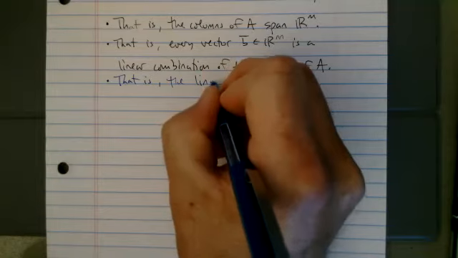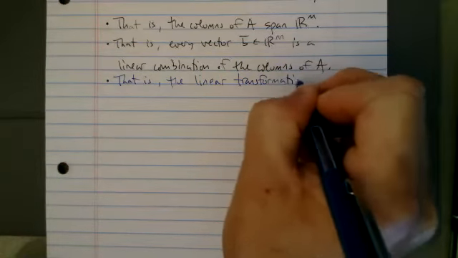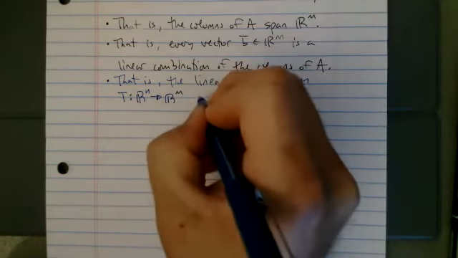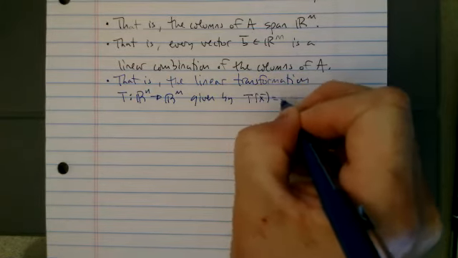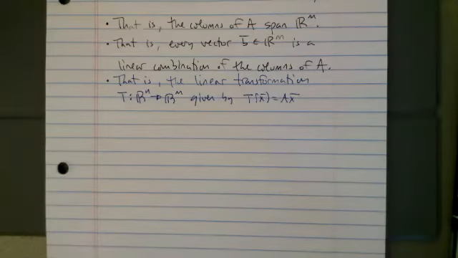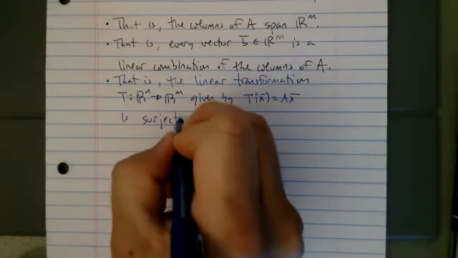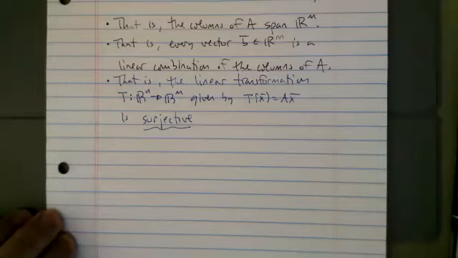The linear transformation that maps Rn to Rm given by T of x equals Ax is surjective. So that means T maps Rn onto Rm.